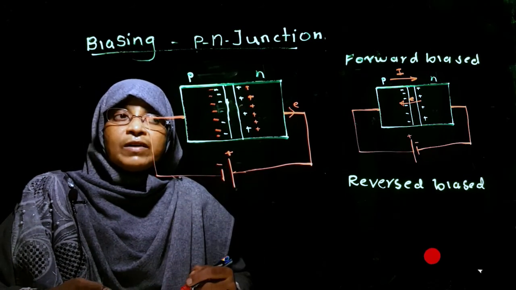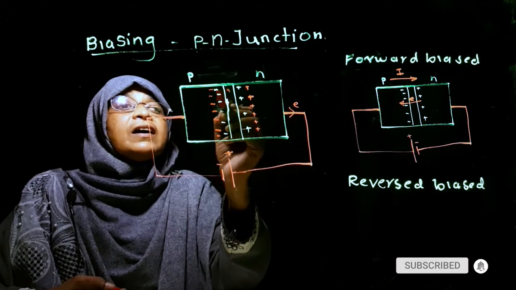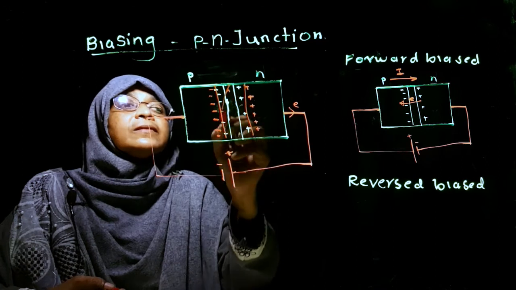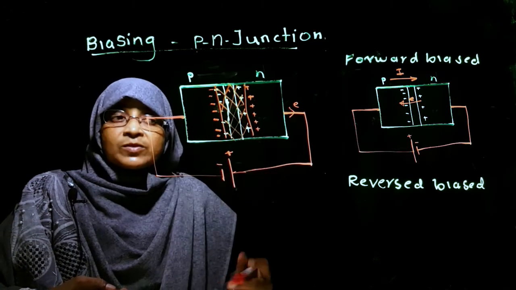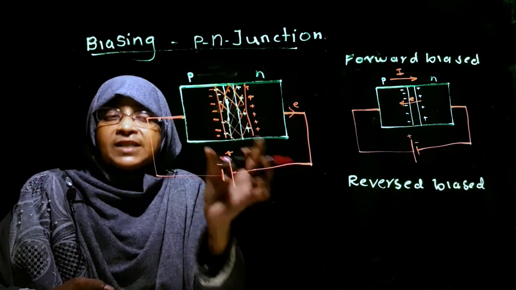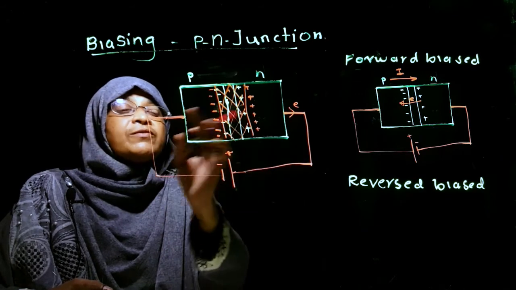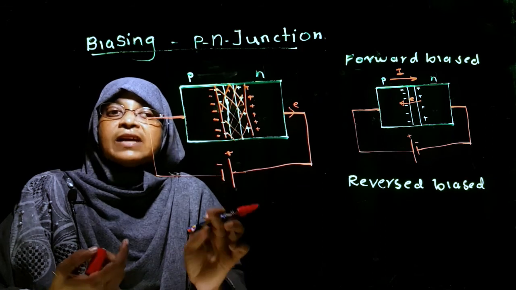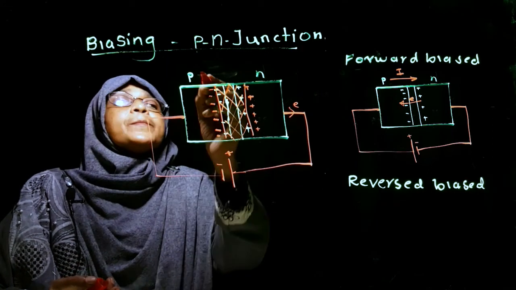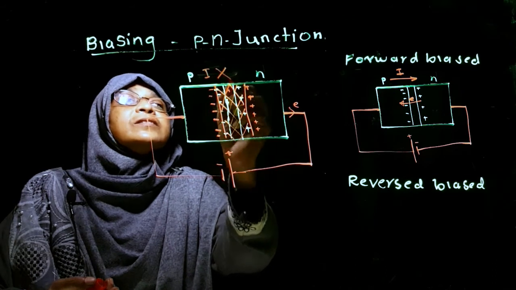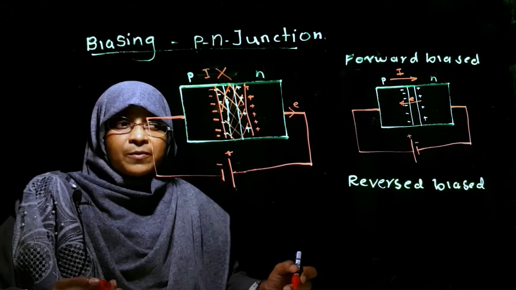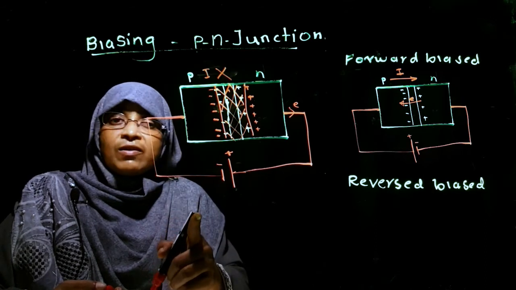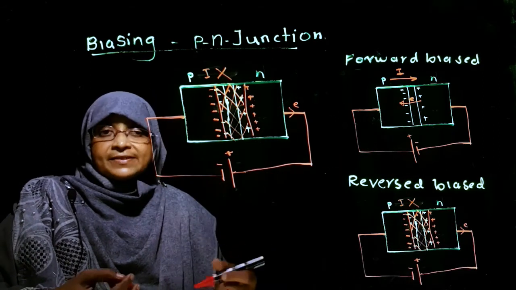So what will happen to this depletion area? The depletion area widens. So the barrier becomes bigger. Electrons cannot flow, so current also does not flow. I does not flow. This type of connecting the cell is called reverse bias.